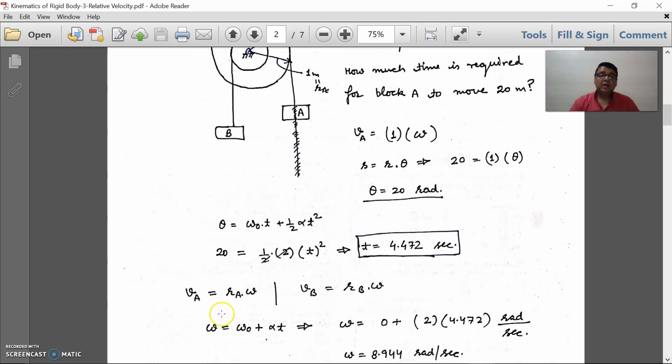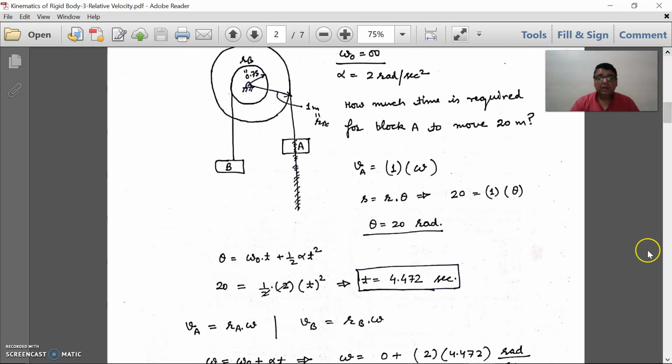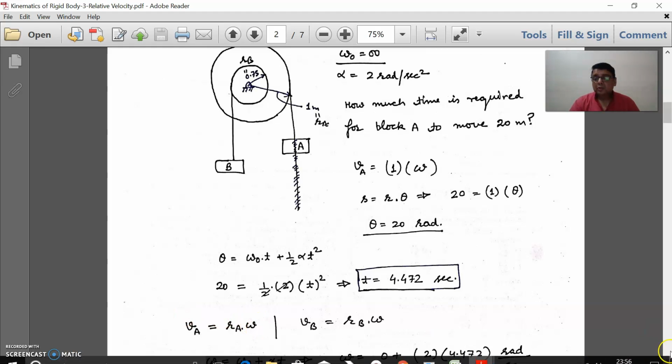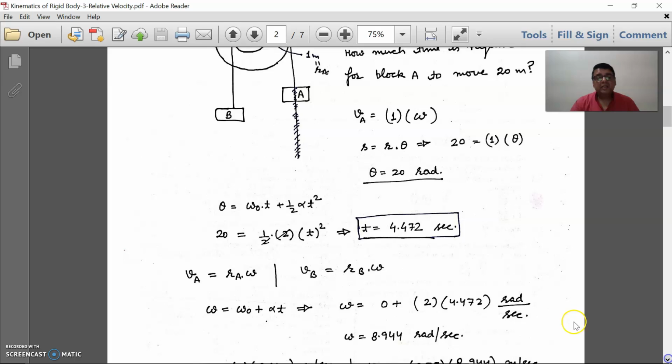Now the velocity of A is equal to RA into omega, and the velocity of B is equal to RB into omega. RA and RB are clear to me, but I still do not know the value of omega, or small w. Small w I can always calculate.